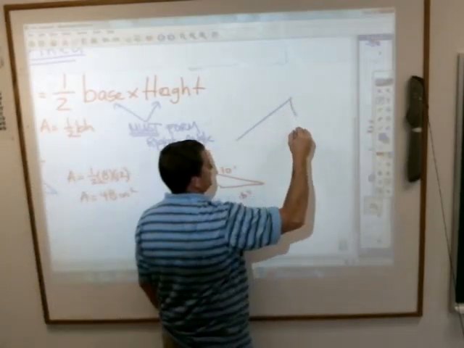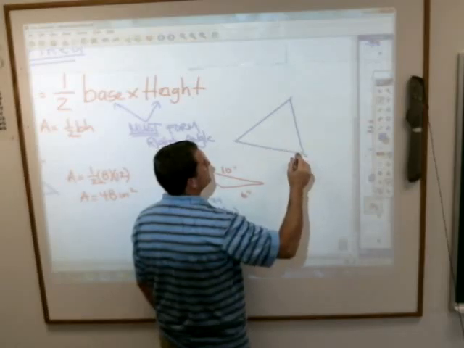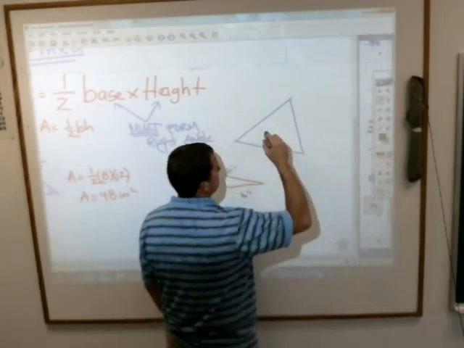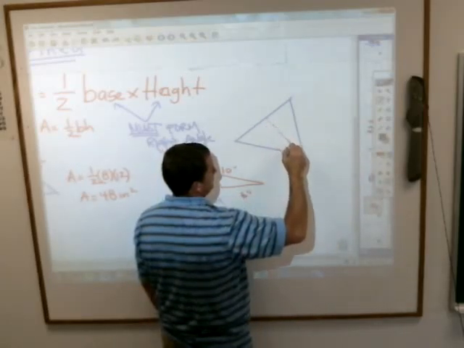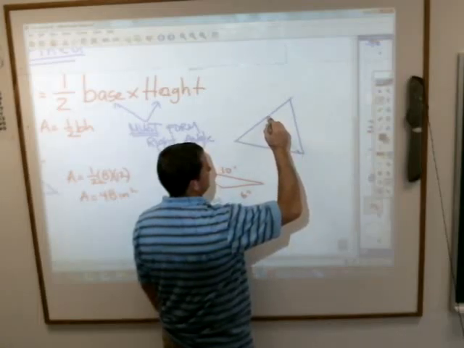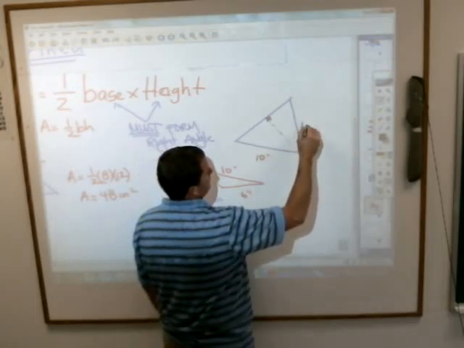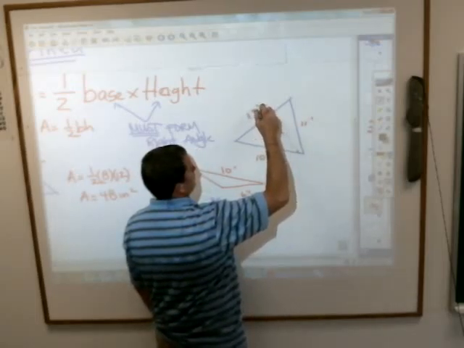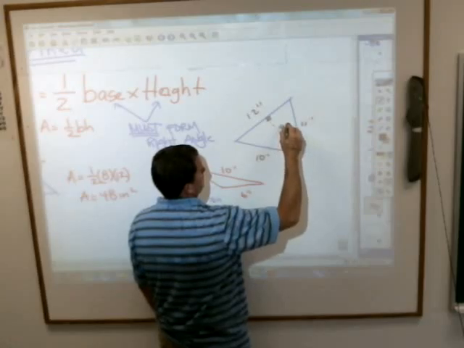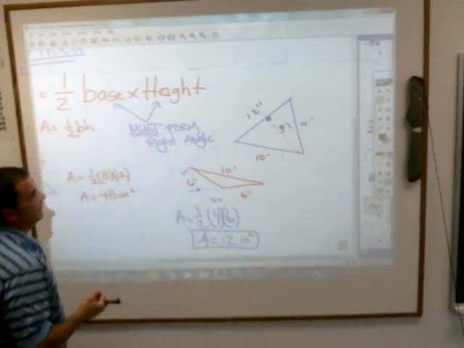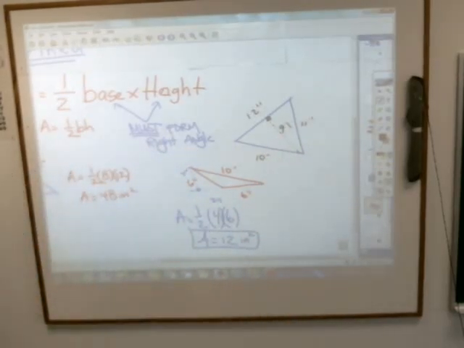And if you're given this triangle here, a lot of times we think that the base of a triangle has to be the thing that it's sitting on.